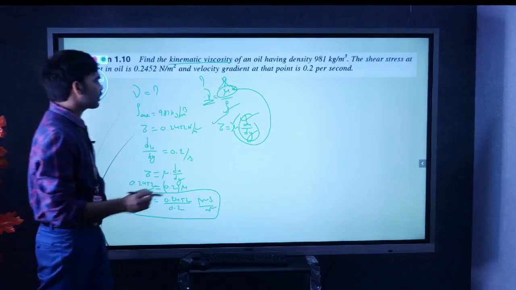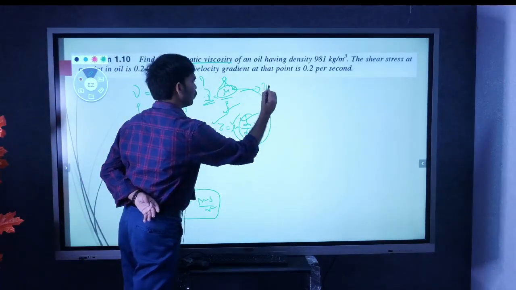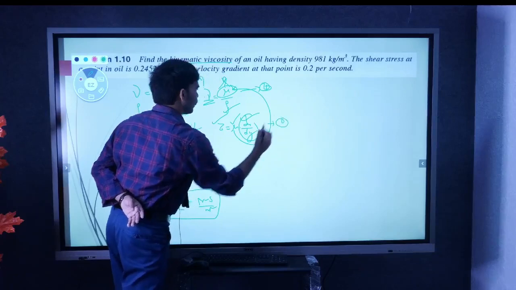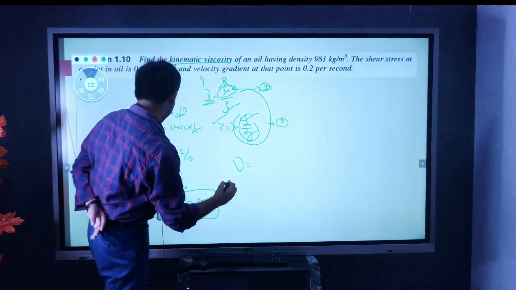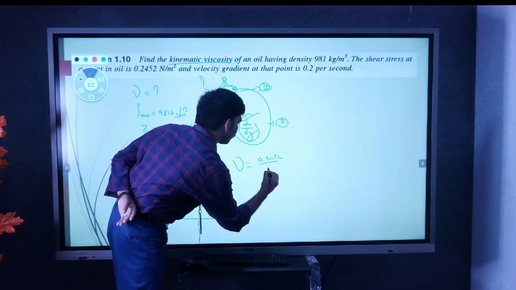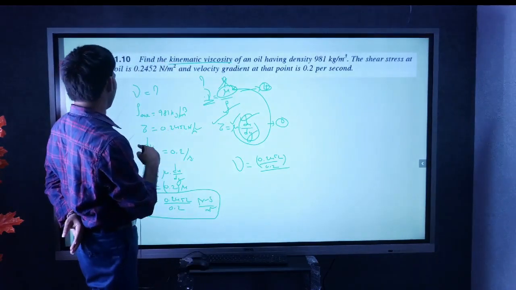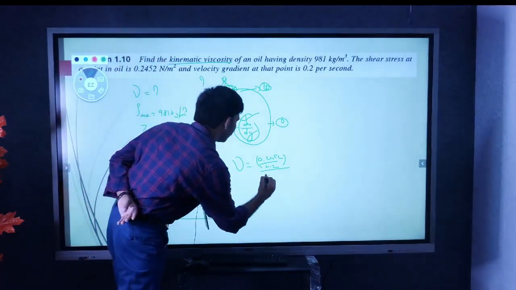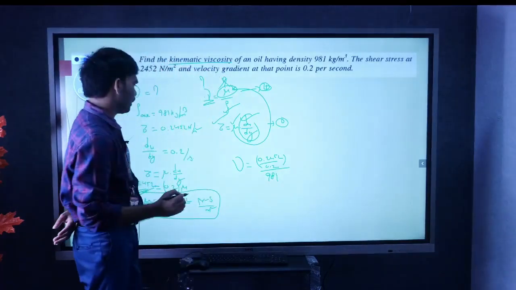You know the dynamic viscosity, you can substitute in the equation. You can say this is 2 and this is 1. So in equation 2 you will get nu is equal to how much? 0.2452 by 0.2 divided by dynamic viscosity, sorry, mass density. How much mass density? 981 kg per meter cube.